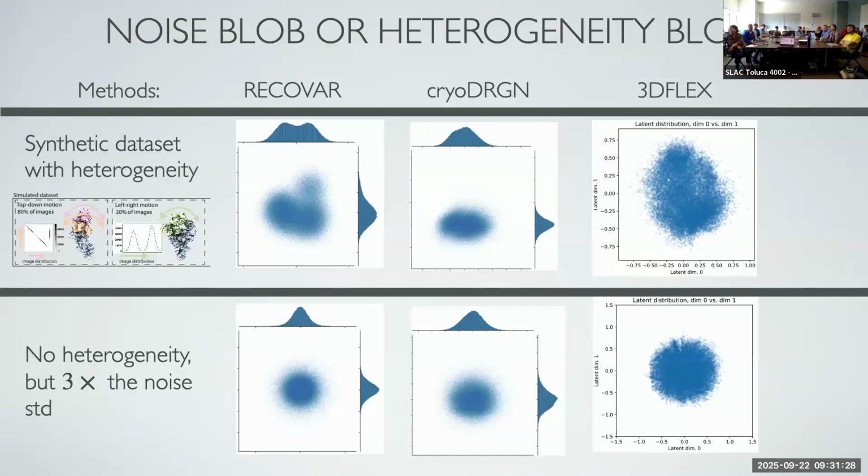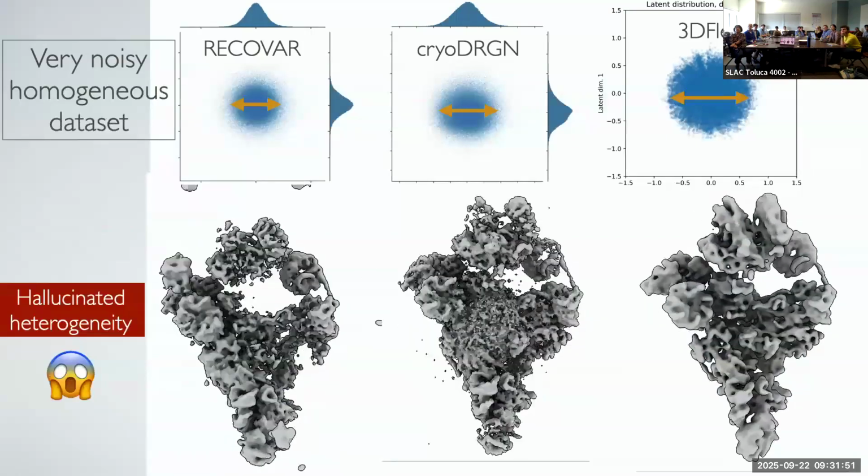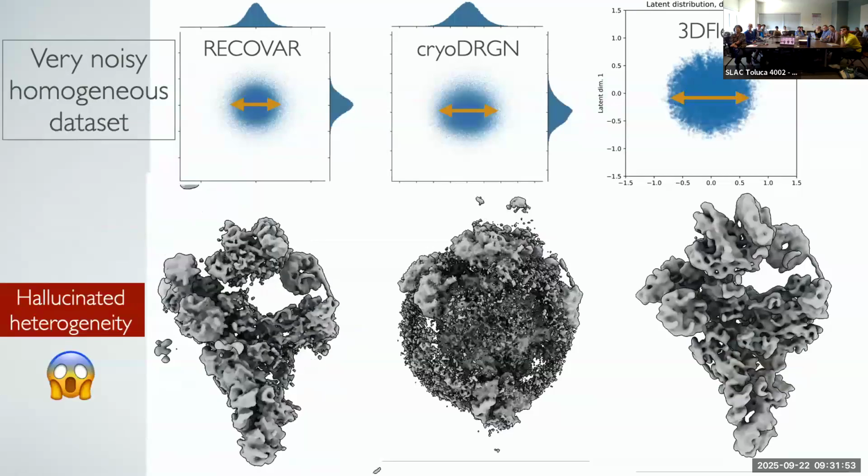And what's maybe worrying is that, at least qualitatively, if you try to compare these, it's not even clear that we'd be able to tell if there's any heterogeneity at all in the data by looking at the embedding, because both of them just look like big blobs. And in fact, it's maybe even more worrying if you look at the volumes that they produce. These are, for the three methods, the volumes they produce on this data set that has no heterogeneity.